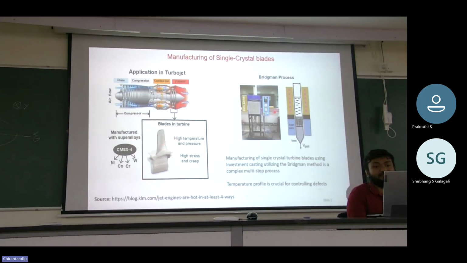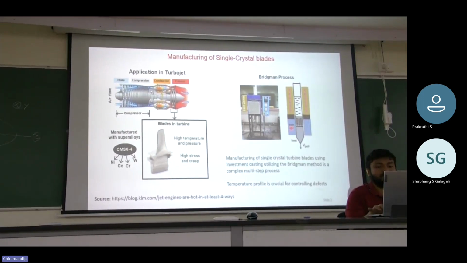And it is generally cast where the crucible like this is pulled with a particular fixed velocity in a furnace. This furnace will be hot above the baffle, and below it, it will be a heat sink. So it can be left out to the air, or it can also be another heater which is of lower temperature.